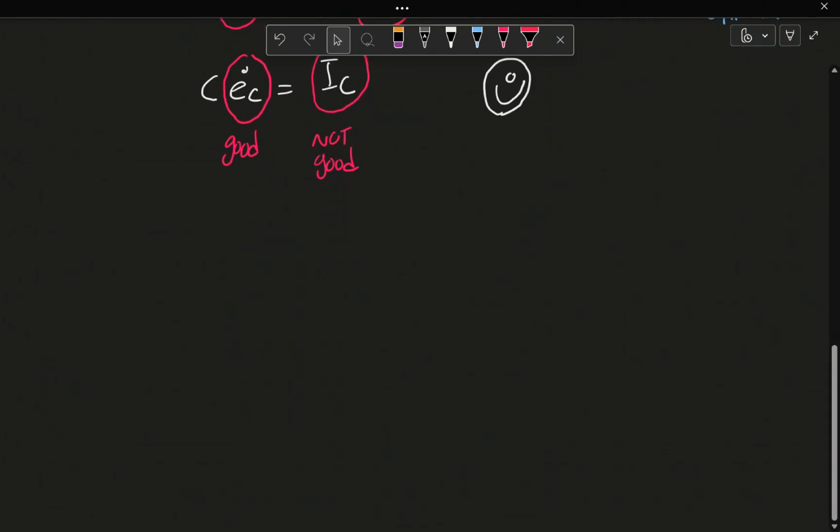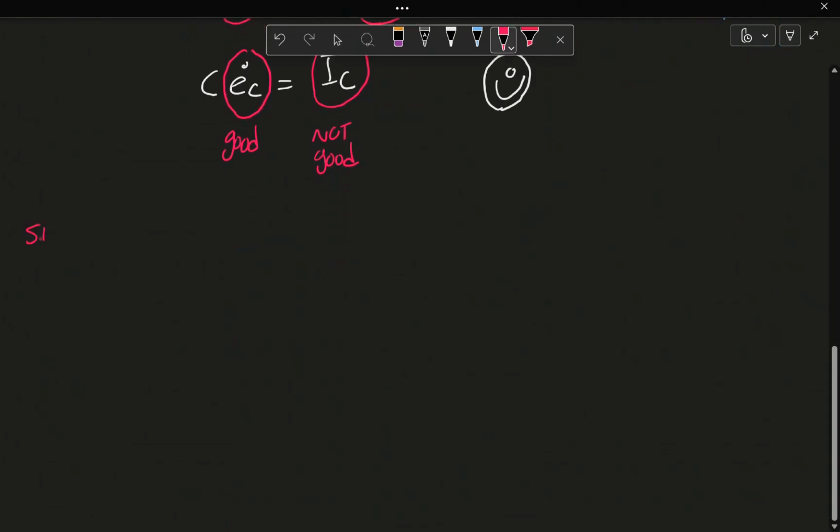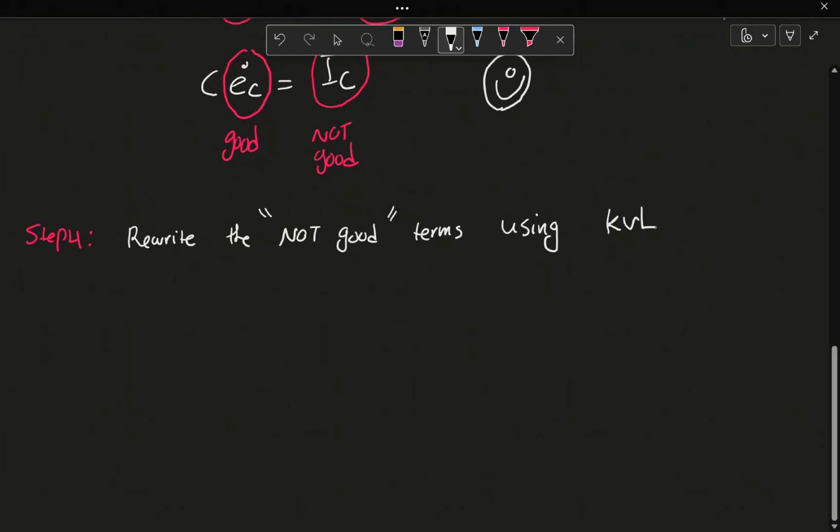So let's go to step 4, and rewrite the not good terms using KVL, KCL, and Ohm's law.